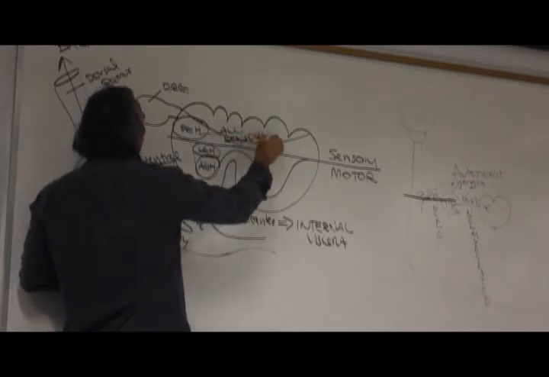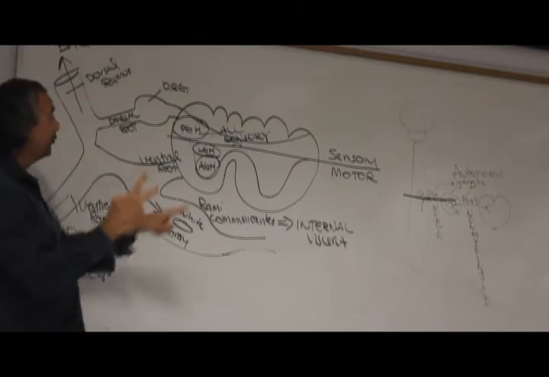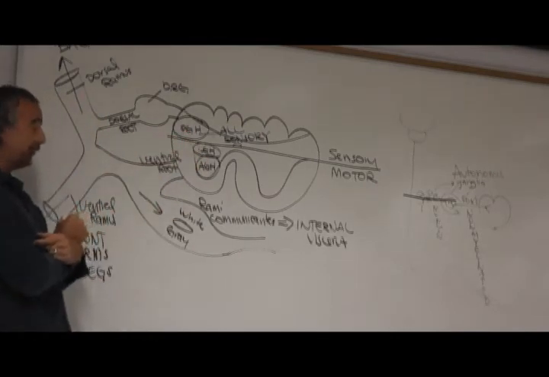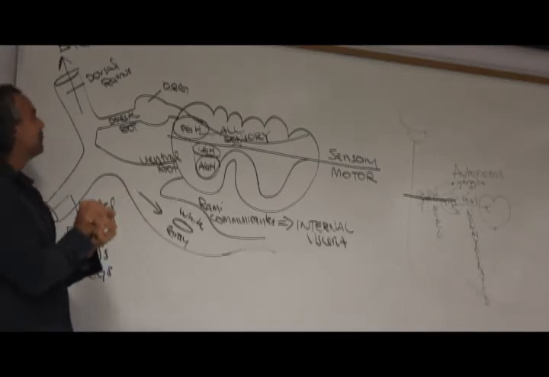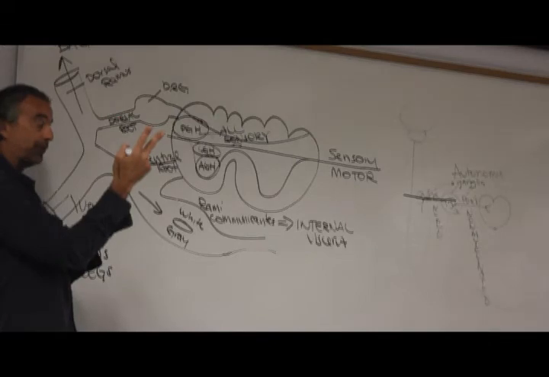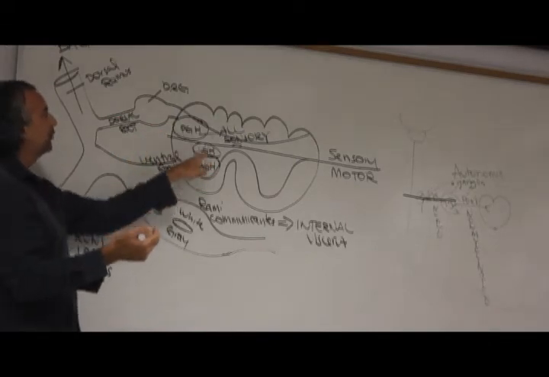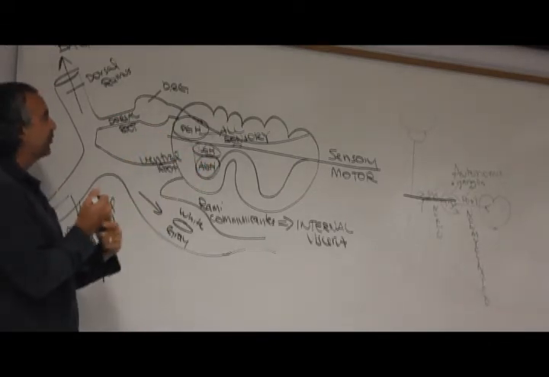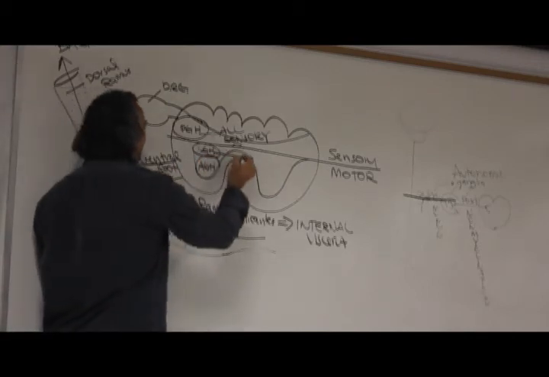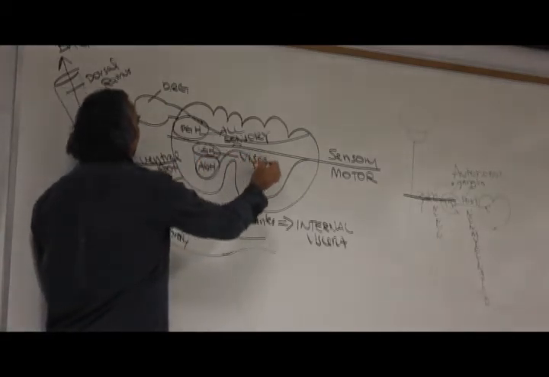All sensory. I have two for my motors. I have a lateral gray horn and an anterior gray horn. They both do motor commands. I have a somatic motor and a visceral motor. So which one would be my visceral motor, do you think? It's this one, visceral motor.